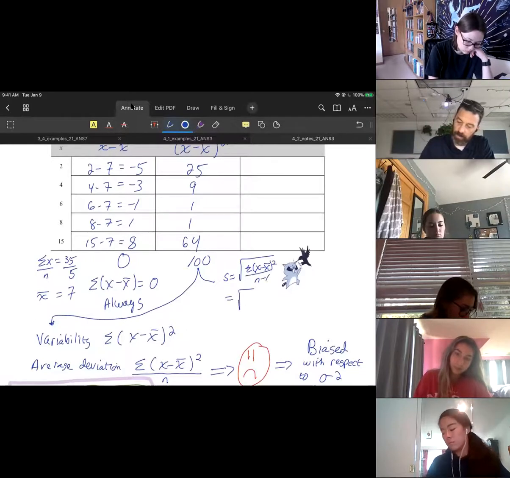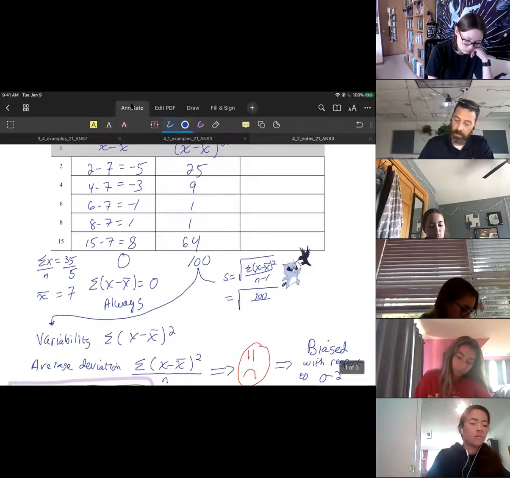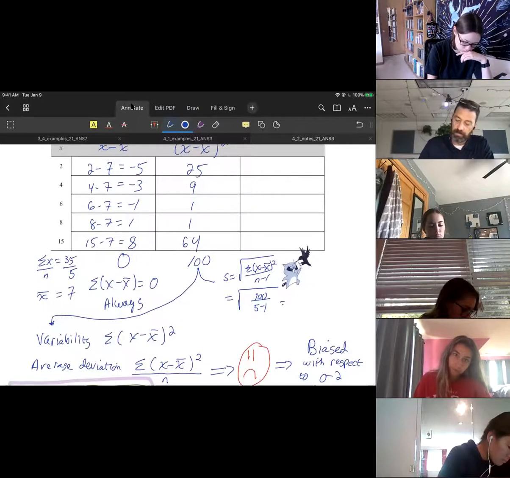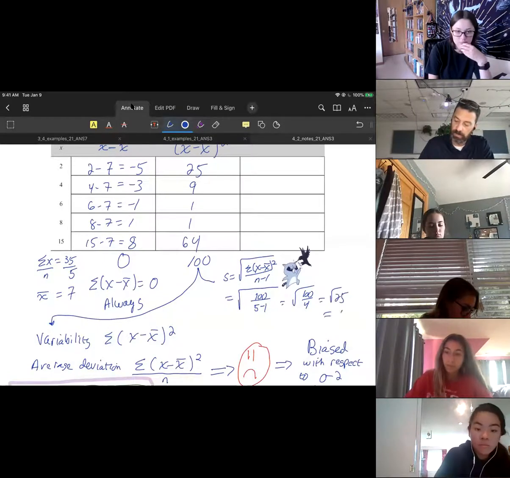So it should be the square root of the sum of x minus x bar squared, which was 100. I had 5 pieces of data, so I'm going to take 100 divided by 5 minus 1, which gives us 100 divided by 4, which I think most of us know is 25, which simplifies to be what? 5. And look, it matches.